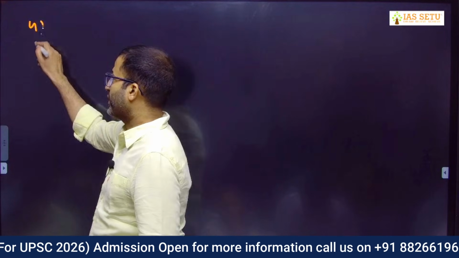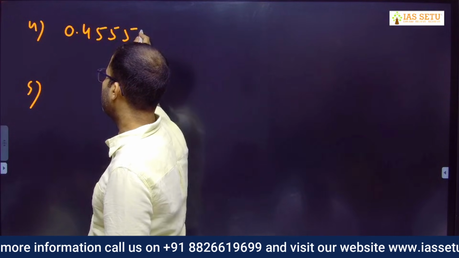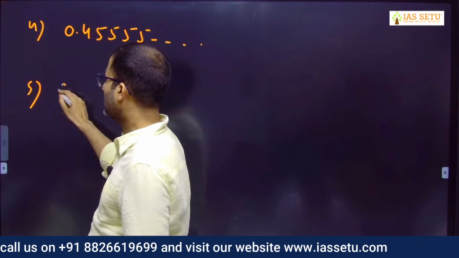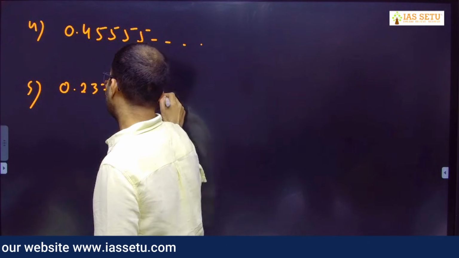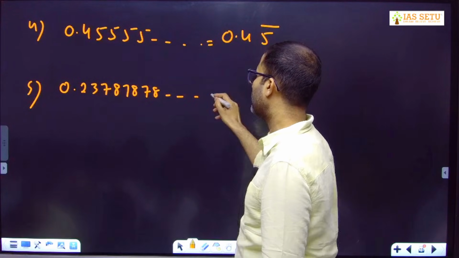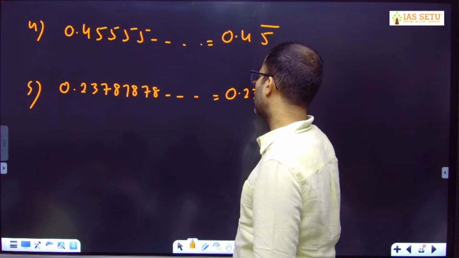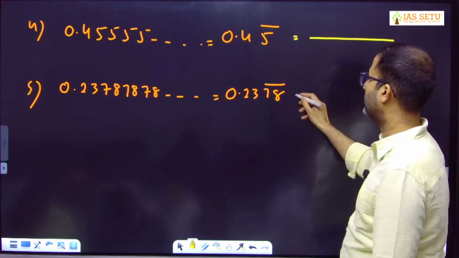Let me take two more example. 0.45555. 0.23787878. So it is 0.4 bar on 5. It is 0.23 bar on 7. I repeat denominator.